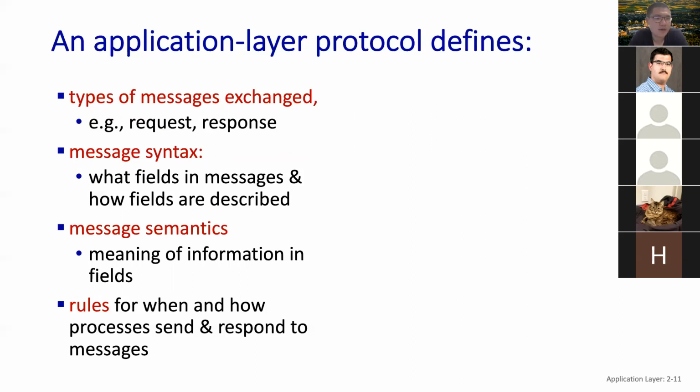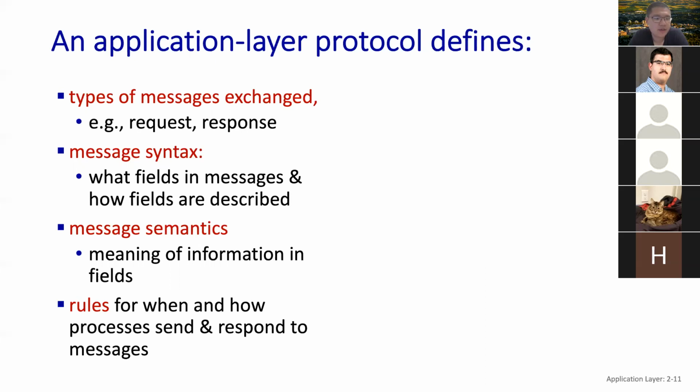It also defines the message syntax: what fields are in the message and how the fields are described. And the message semantics: the contents of the message, the meaning of the information in the fields.